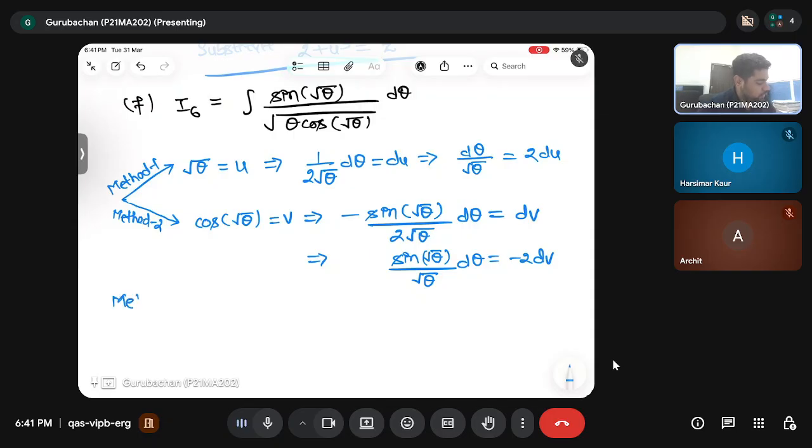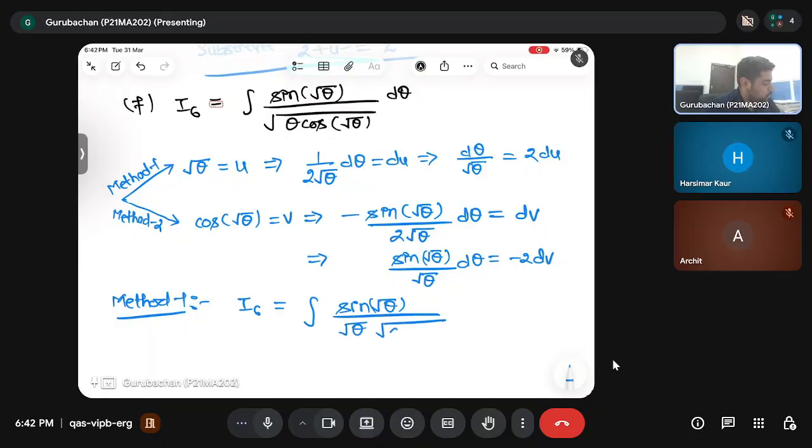So method 1 says that the u substitution will give you, if you write first of all, sine under root theta divided by under root theta under root cos under root theta d theta.